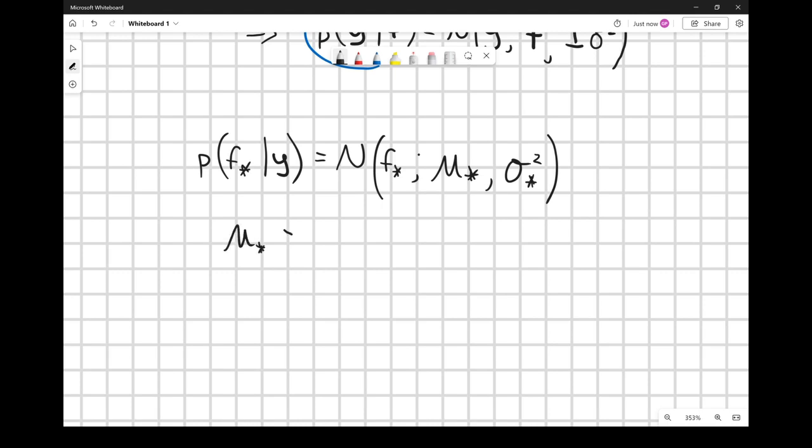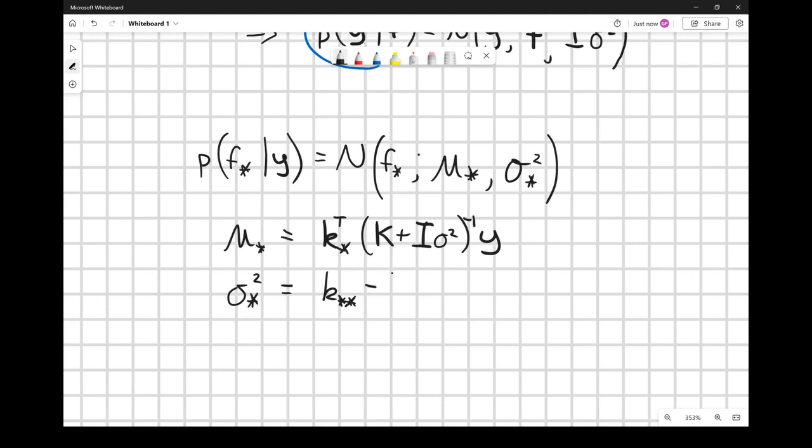Mu star, once you've worked through all the maths, turns out to be equal to this k star vector transposed, times our k matrix, which was defined when we defined our kernel, plus what we sometimes call a ridge, the identity matrix times sigma squared, all inverted, multiplied by y, our vector of observations. And then the variance sigma star squared is equal to k star star.